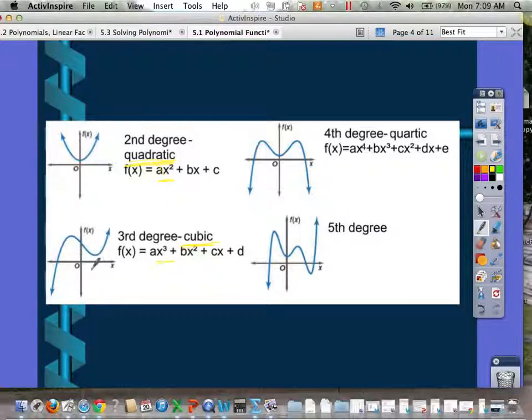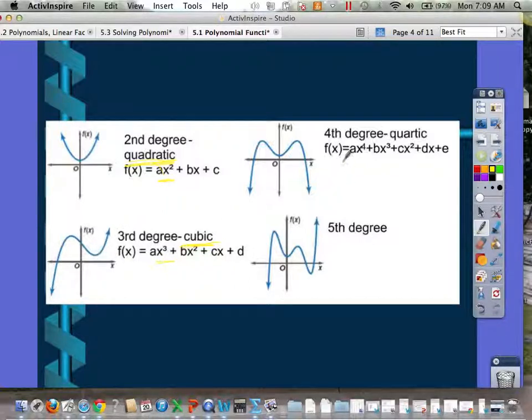So that's the easiest way I can explain it for you to understand. It's going this way in the positive direction because it's a positive coefficient. It would go the opposite direction if it was negative. Now notice it's an odd degree, okay? Odd degrees mean they're going to have one end going one way and one end going the other, opposite directions. So you can tell based on the coefficient and the degree how the graph starts.